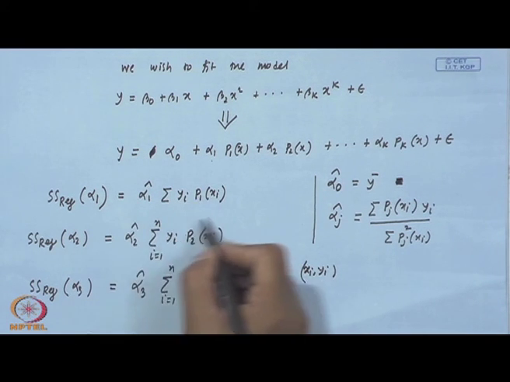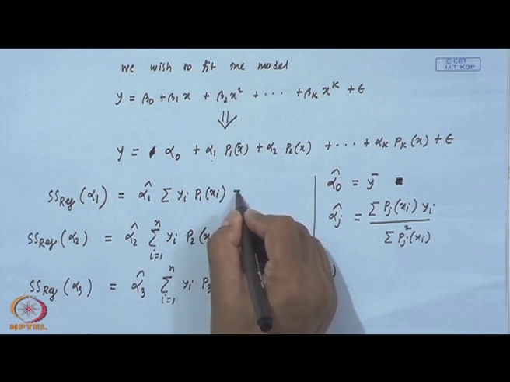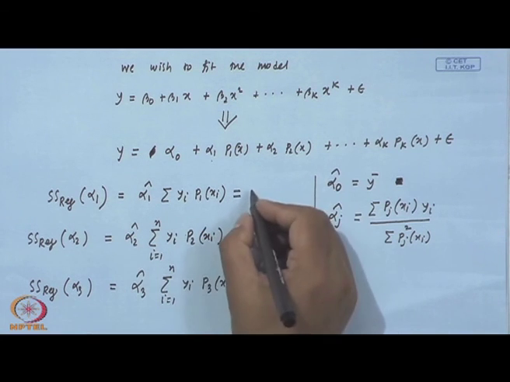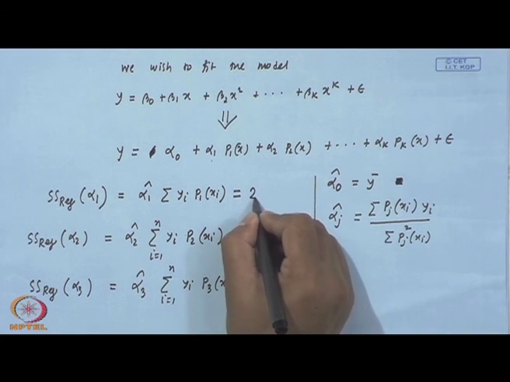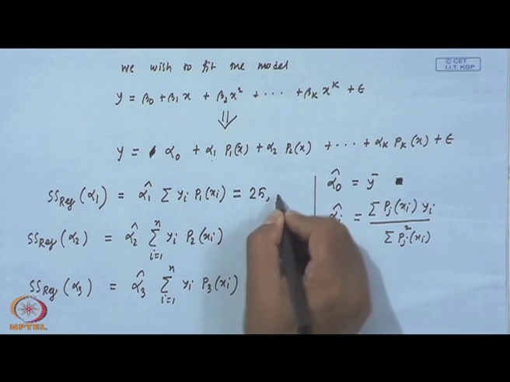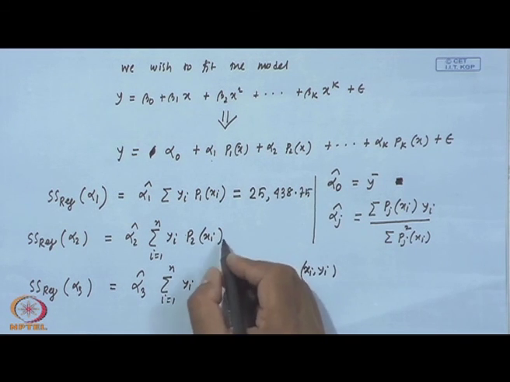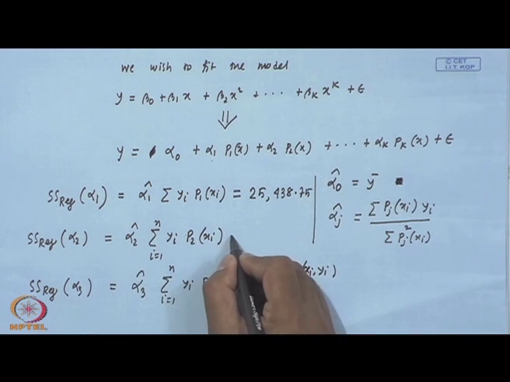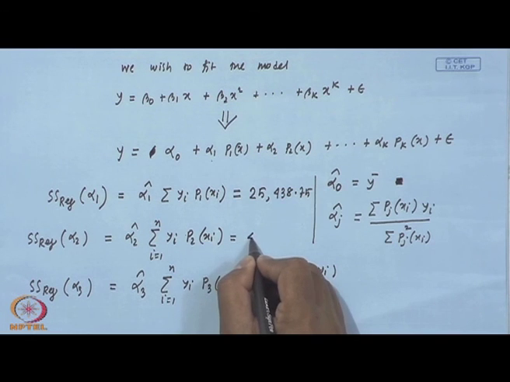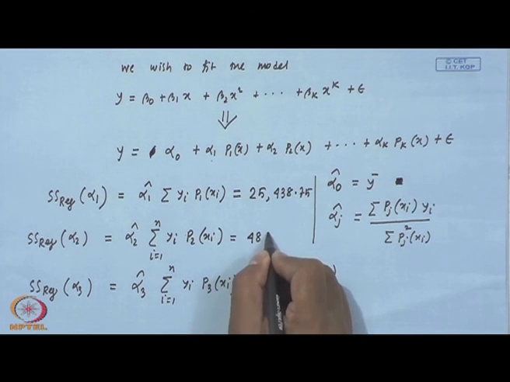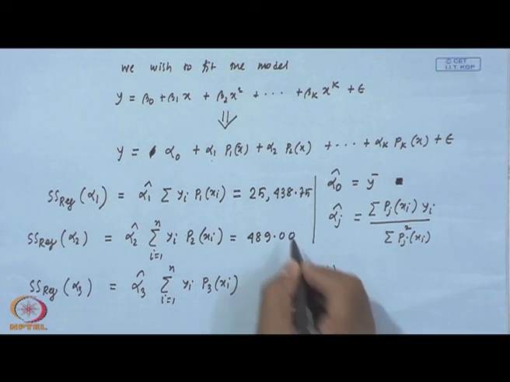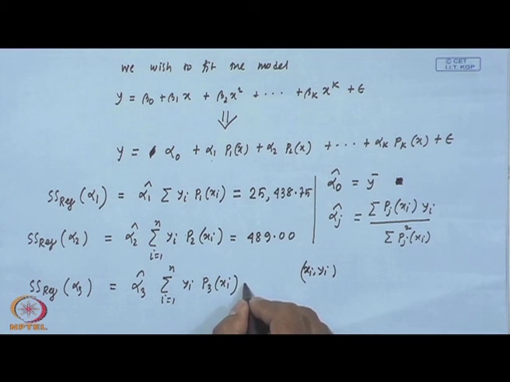You can check that SS regression due to alpha 1 is very large, 25,438.75, and SS regression due to alpha 2 is 489.00, and SS regression due to alpha 3 is 1.15.